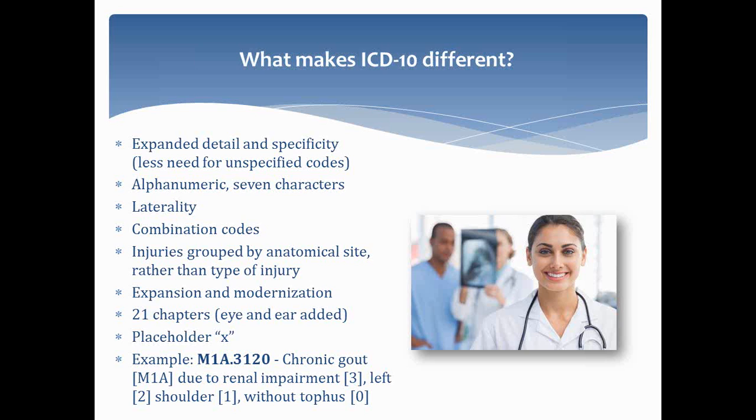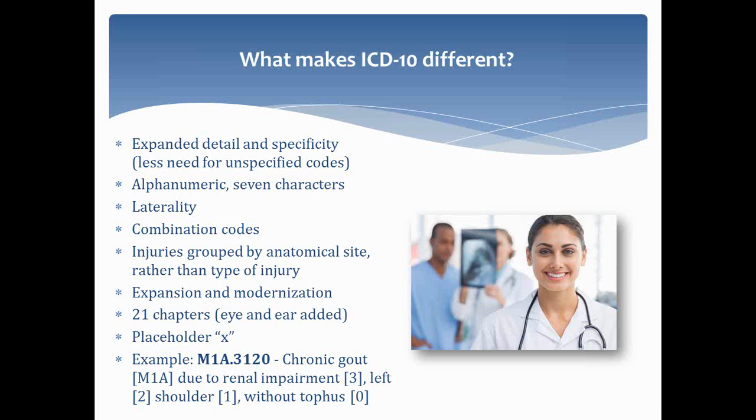ICD-10 is also expandable. It's been modernized. It's using modern verbiage and phrases that we may not have used back when ICD-9 was created, and it's designed to be expanded. It can be built upon and drawn out. There are 21 chapters instead of 19, so it has all the same chapters that you find in ICD-9, mostly body systems, but they also separated out the eye and the ear into their own chapters.